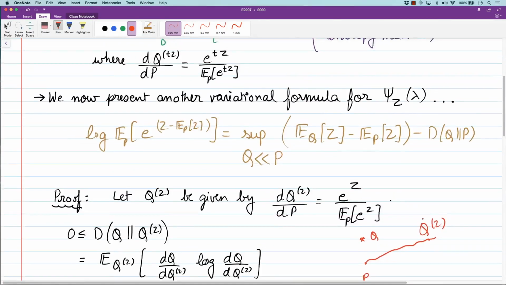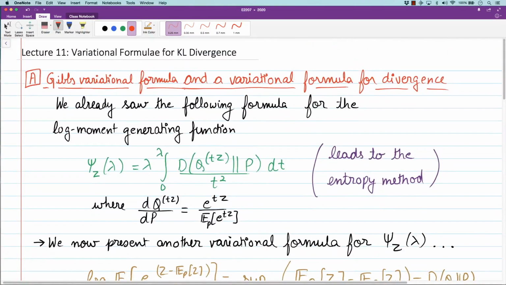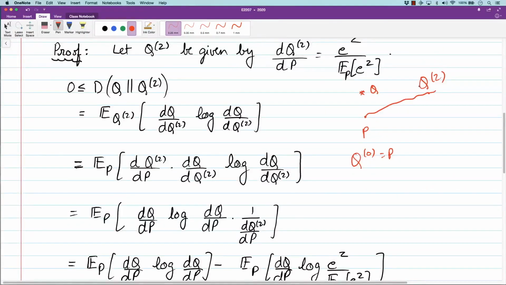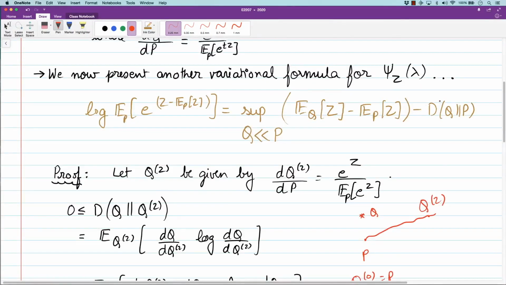Now, in fact, if you look at the title of this section, I said I'll prove the Gibbs variational principle formula, and it's sometimes called the Gibbs variational principle, and a variational formula for KL divergence, the Kullback-Leibler divergence. So, as perhaps now you can guess, we can invert this formula by taking divergence to this side.